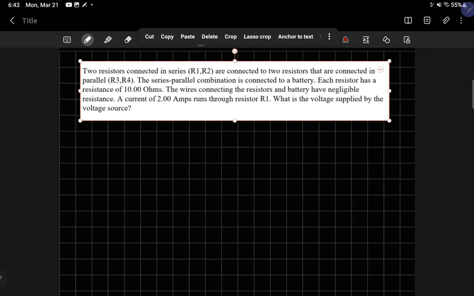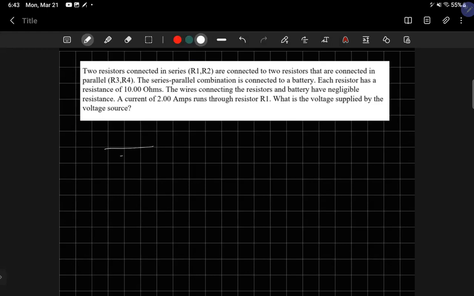Now this I took from the textbook. And whenever I was taking it, I forgot to actually put in the circuit, so I'll put that up right now.